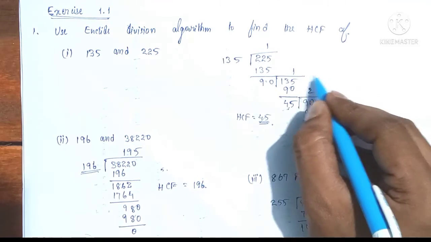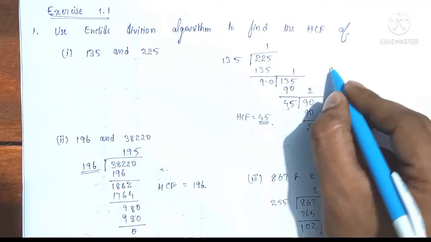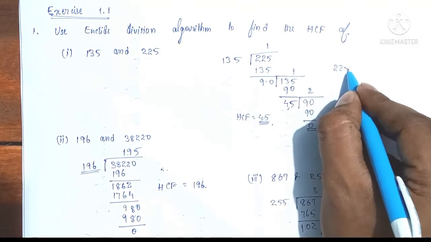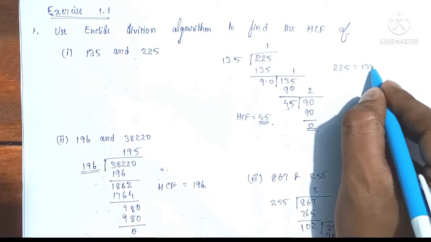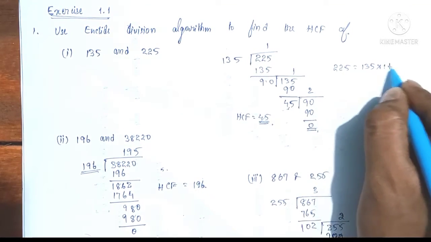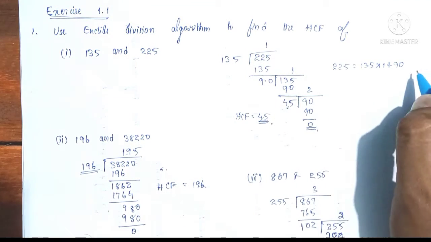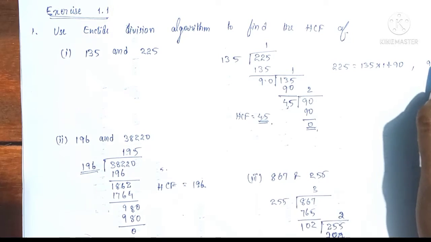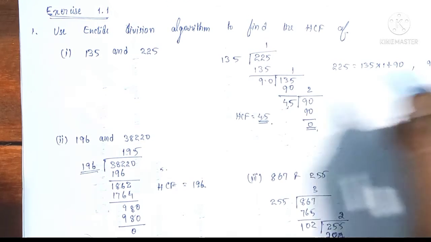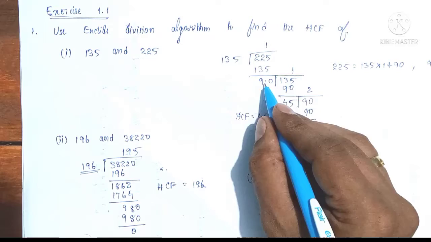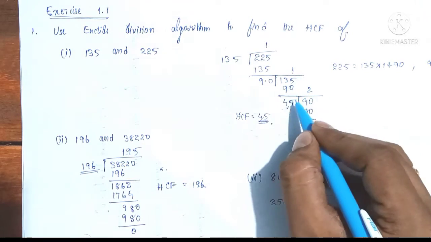Also from each step here we can write. So here what we can write, 225 is equal to 135 into 1 plus 90. Here remainder 90 is not equal to 0, so we have to continue this step again. 135 divided by 90, so we get 1 into 90, remainder 45.